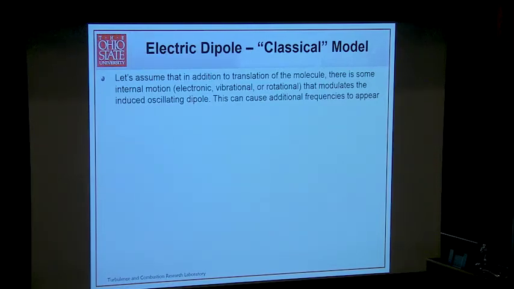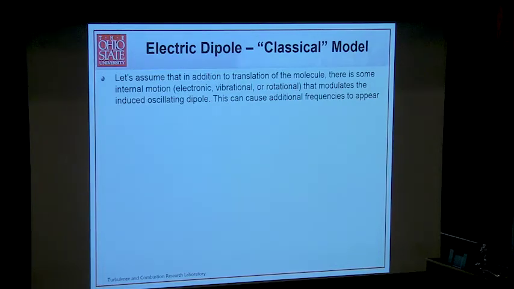We're saying we're emitting a dipole. But now, if we have a molecule, we have rotational movement and vibrational movement at the same time that we're modulating it with the electric field. The movement of the molecule can actually modulate the induced oscillating dipole.